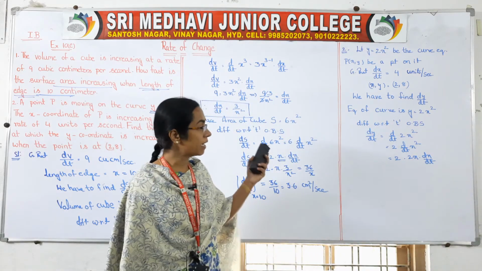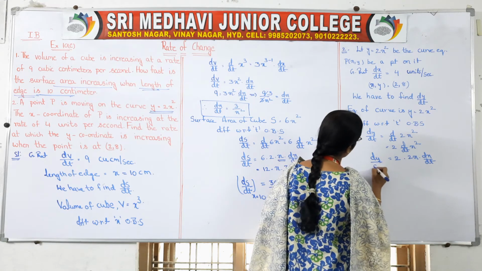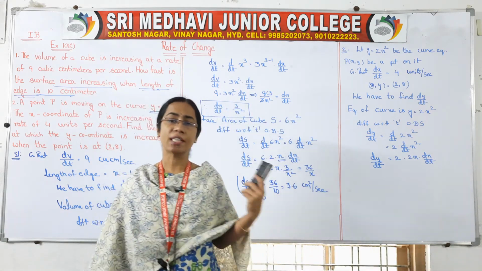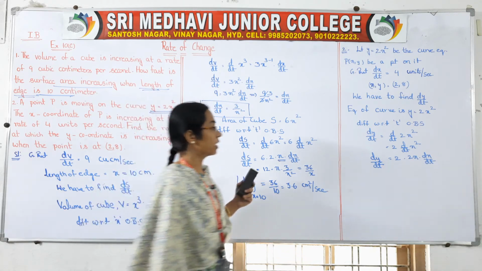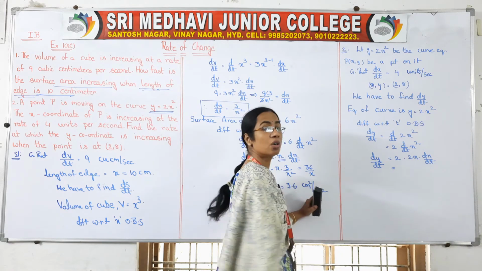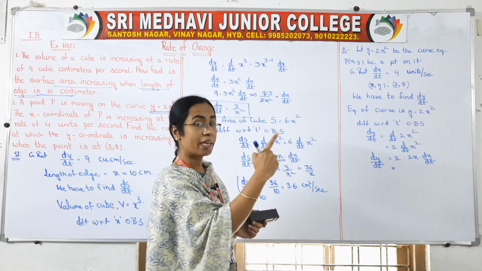This is the rate of change in the y coordinate. Always throughout this chapter, rate of change means the derivative of that function. So at x is equal to, the point is given to us, the point is (2, 8).